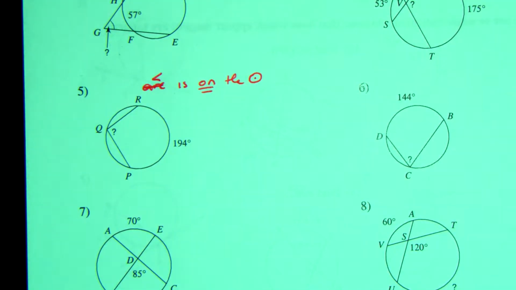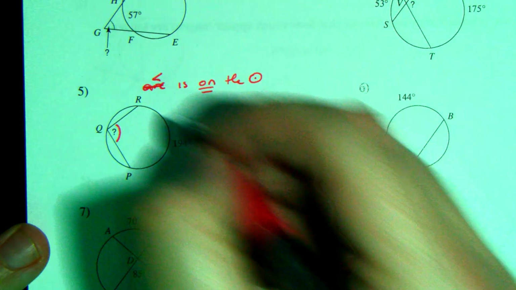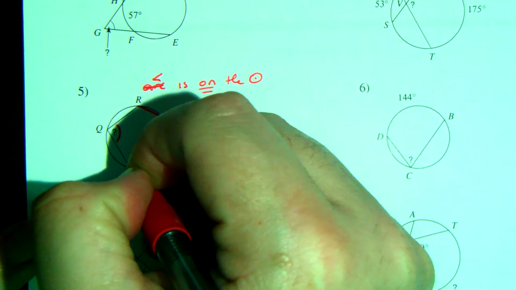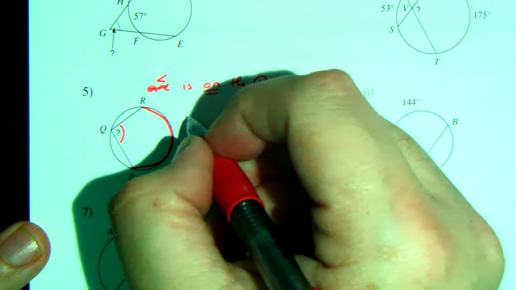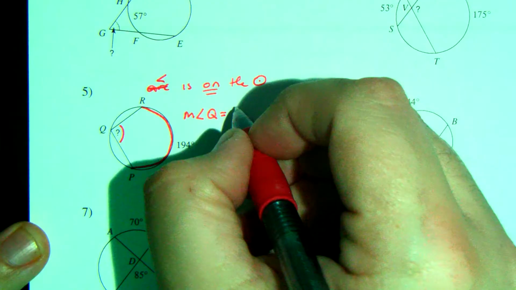Now, how many arcs are there? For that angle here, how many arcs are there? 1. So, can we add or subtract anything there? No, you just use the 1 arc. So, the measure of angle Q is just going to be equal to 1/2 the 194.